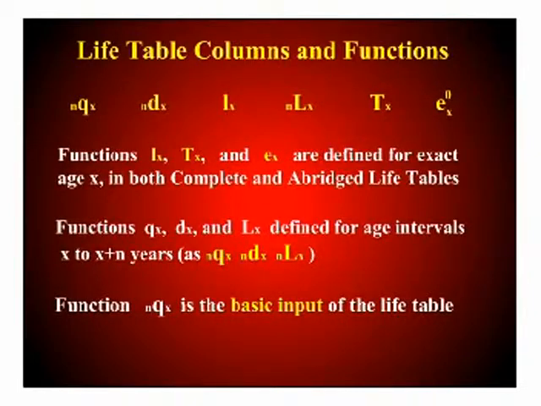The function nqx is the basic input of the life table or the initial function from which all other functions are derived. For the cohort life table, information is available only on survivors, that is small lx, and hence the small lx forms the basic input of the life table.